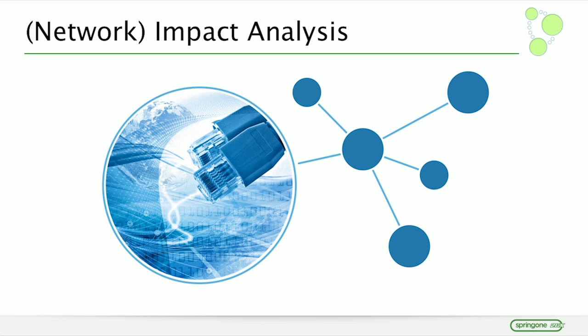Do we have alternate paths? When this server fails, do we have backups for that? What happens if we get an attack on this part of our network? How can we deal with that? So figuring out the first level, but also the second and third level impacts of, for instance, damages or changes is really important.